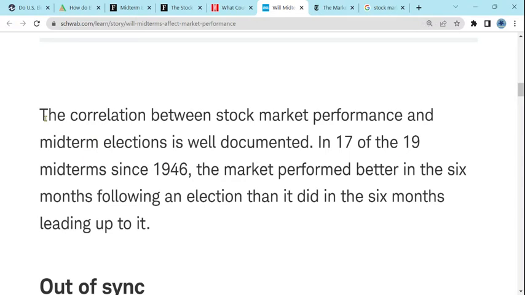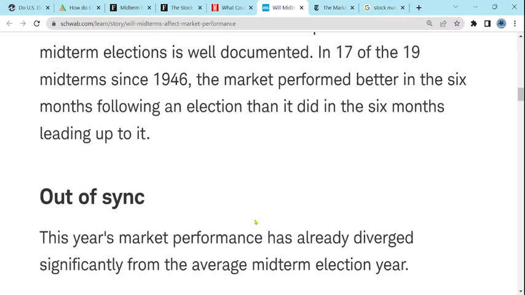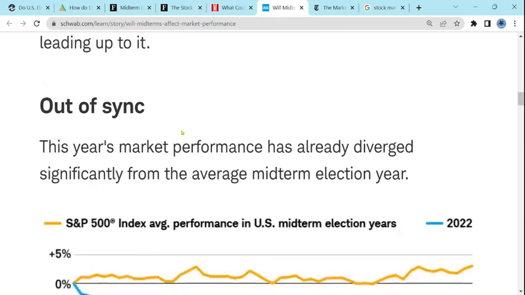So again, in 2022, will this trend that markets tend to outperform after midterm elections hold? They point out the correlation between stock market performance and midterm elections is well documented. In 17 out of 19 midterms since 1946, the market performed better in the 6 months following an election than it did in the 6 months leading up to it. In 2022, the market performance has already diverged slightly from the average midterm election year.